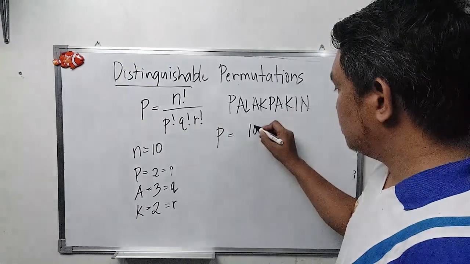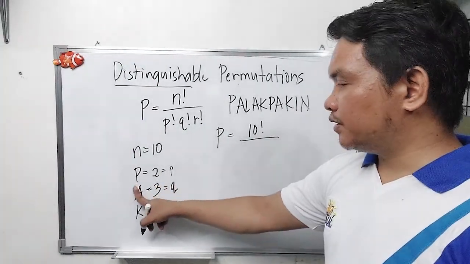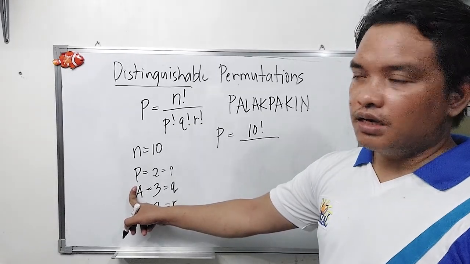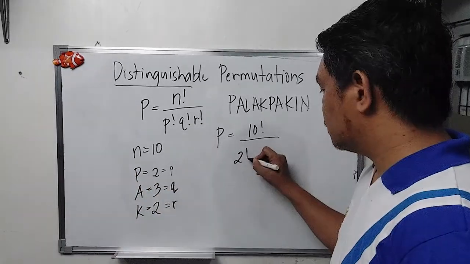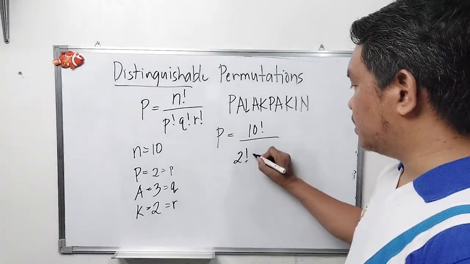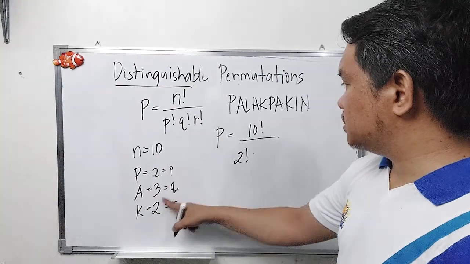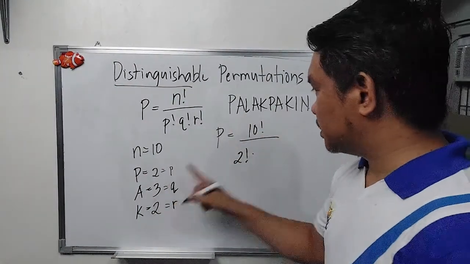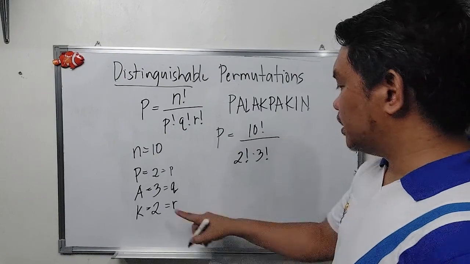We have 10 factorial. Then yung unang letter natin na may kaparehas is P, which is 2 factorial. Times, next letter is A, which is 3 times siyang nandun, so 3 factorial.